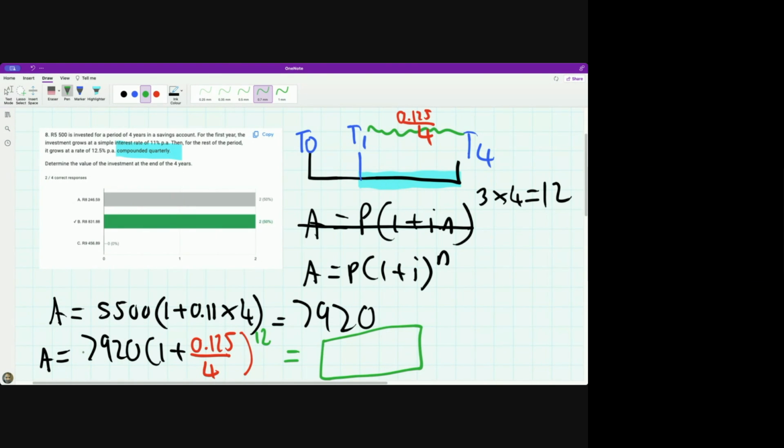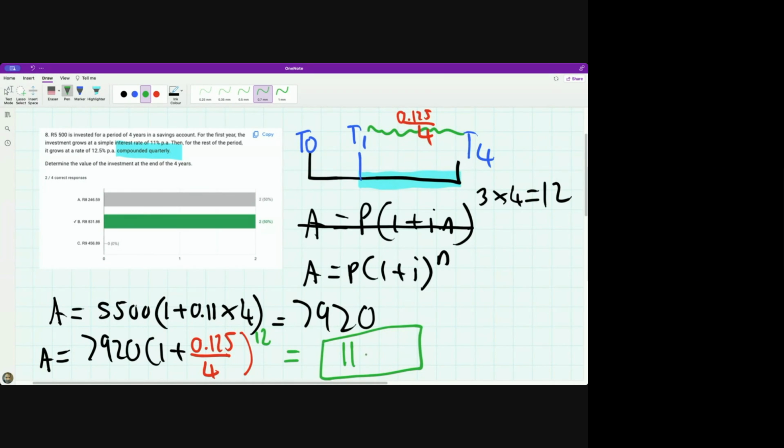What do you get if you put this into your calculator? So you take this and you grow it like that. Let's see. 7,920 times 1 plus 0.125 over 4, close bracket, to the power of 12. And I get 11,000.